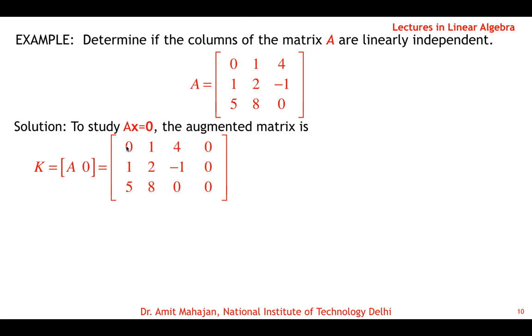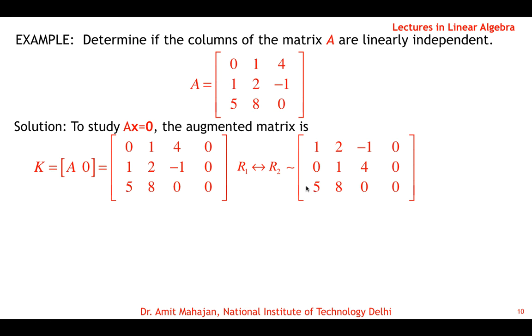In the first row, the first element is 0, but below there are non-zero numbers. So this 1 1 position has to be the leading element of the first row. So we have to interchange row 1 with row 2 or row 1 with row 3. Here we are interchanging the first two rows, making this element the leading element. Now we use this element to make the element at 3 1 position 0.